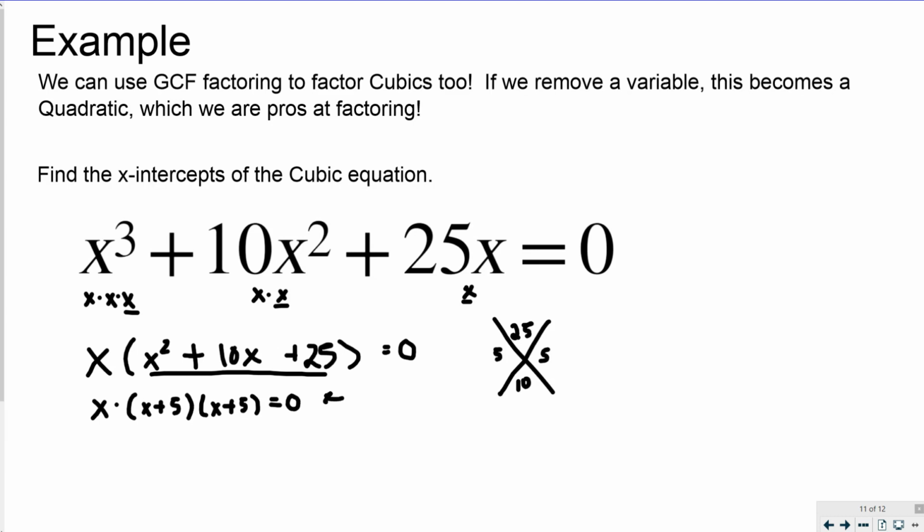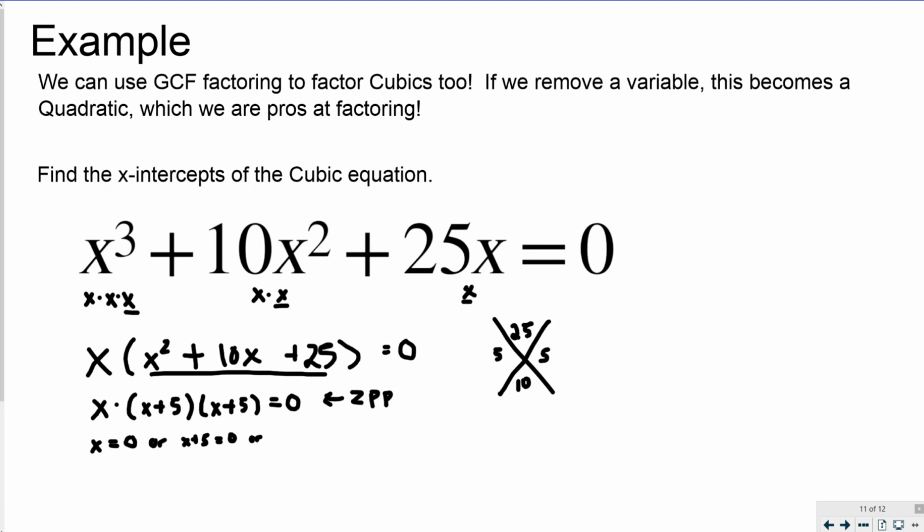Now, because I have nothing but x statements, I can use the zero product property. Because this is a variable coefficient, I'm going to include it in my zero product property statements. So the first one is that x equals 0. Or x plus 5 equals 0.